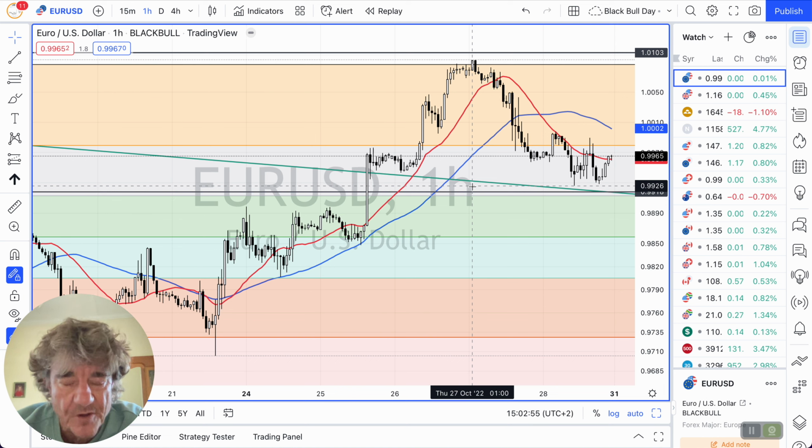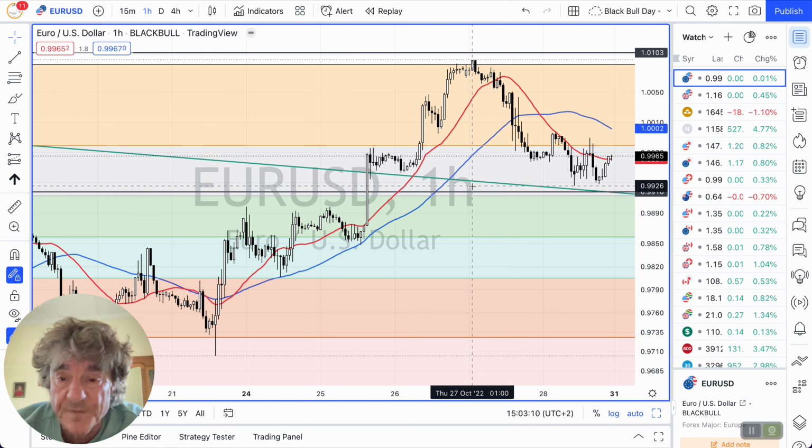So all in all, I think the euro looks good to buy, notwithstanding the fact that we've got all sorts of news coming out, and things are very weird in the markets at the moment and pretty tricky to trade. So be careful.